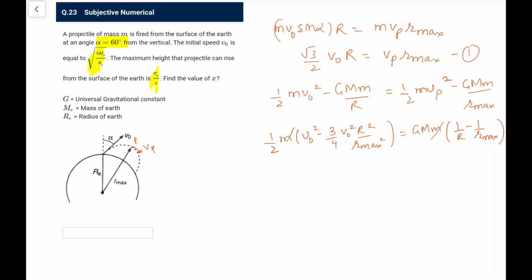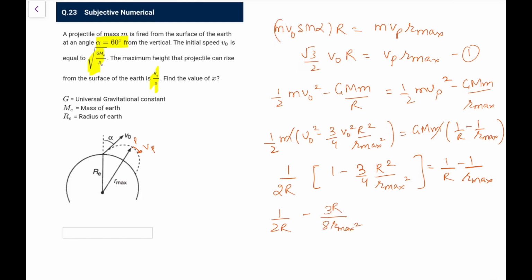So v naught square I take common, that is GM by Re, so GM gets cancelled. What I get is 1 upon 2r minus 3 upon 8 r max square into r, equals 1 by r minus 1 upon r max.